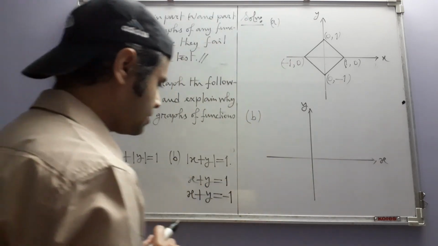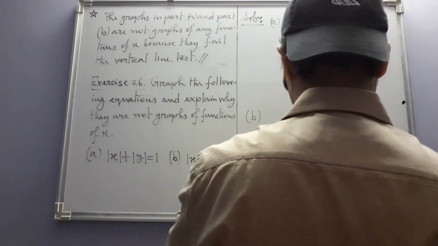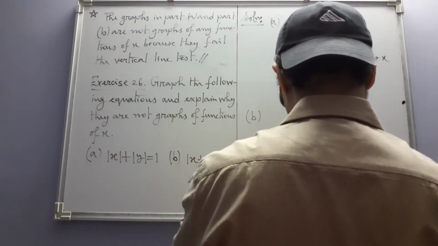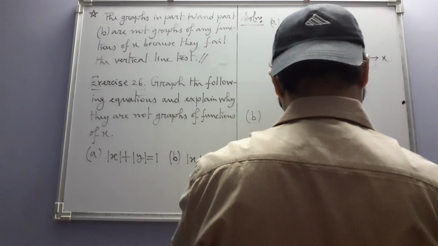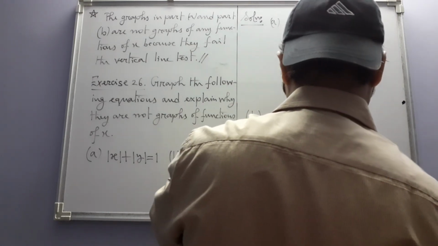So x plus y equal to 1 is just this line. This is also 1.